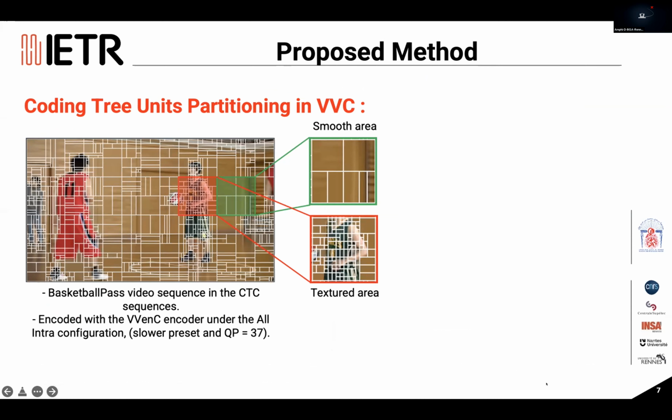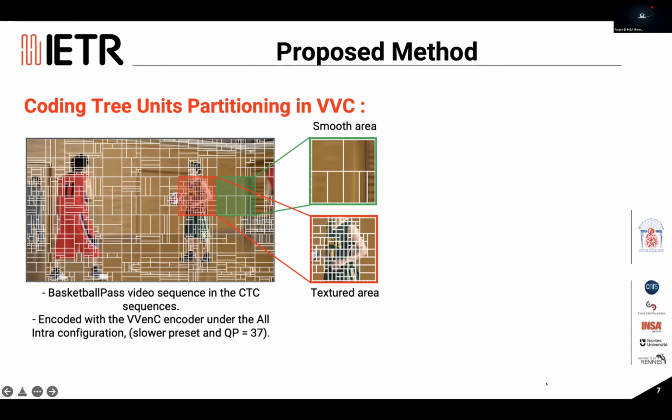In the green square, we can see a smooth area where the encoder does not do more splits for each coding unit, unlike the red one, which represents a textured area, where we can clearly see that the encoder does more splits and splits these coding units further.